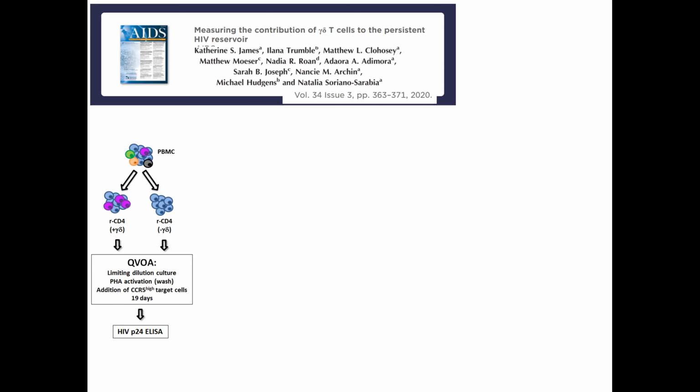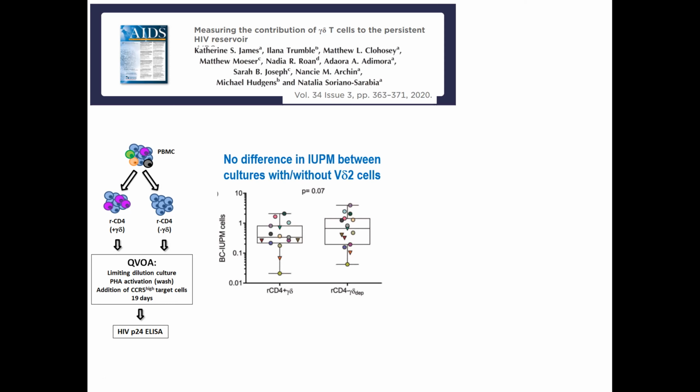So using these parallel assays, we could not detect a difference in IUPM between cultures that had those gamma delta T cells or gamma delta T cells were depleted. However, we could see a trend towards a higher infectious units per million cells in those with gamma delta depletion.